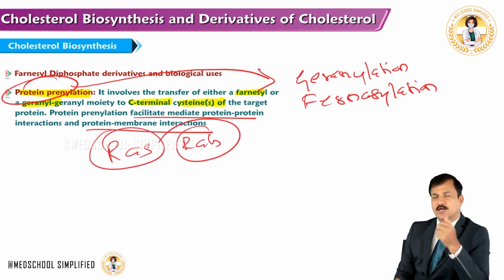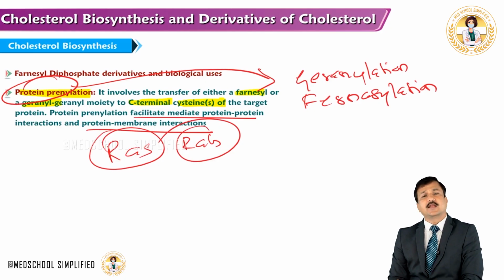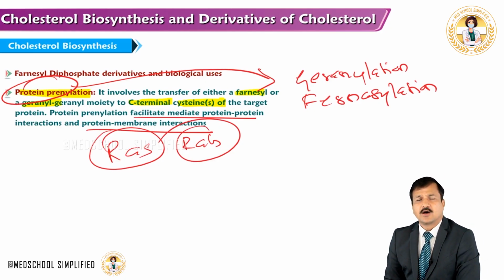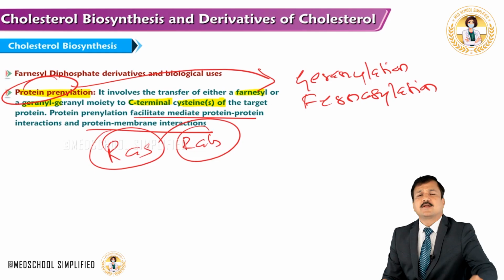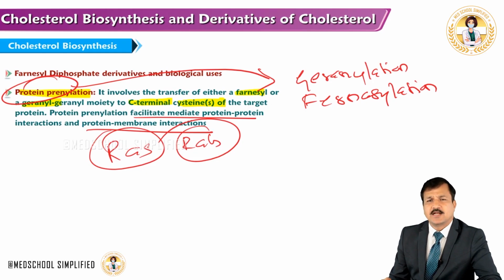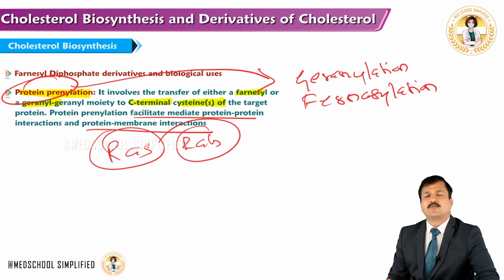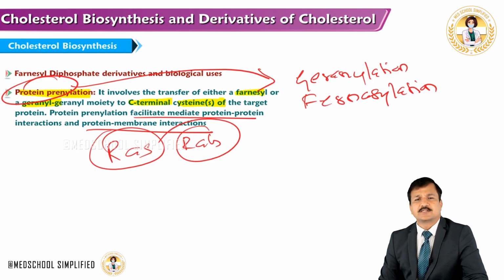Also, there are certain drugs which have been under clinical trials which will alter this farnesylation and geranylation process. We have farnesyl transferase inhibitors which are under clinical trials for treatment of certain cancers.